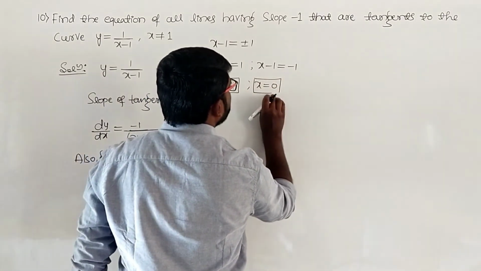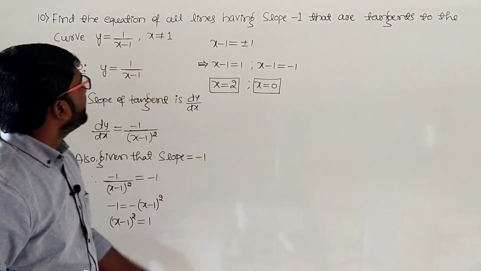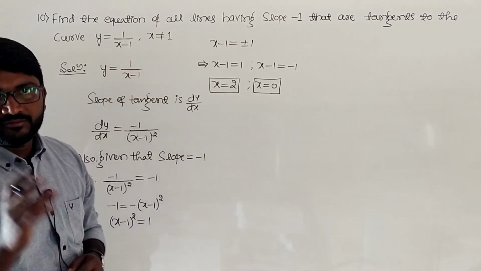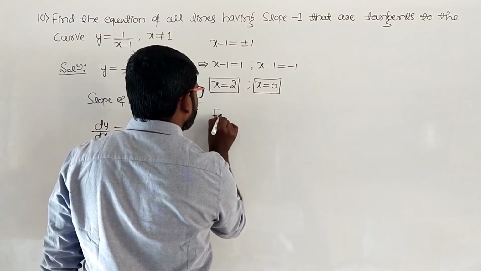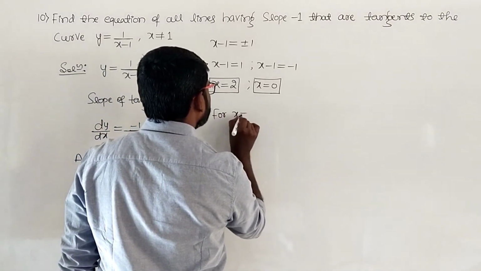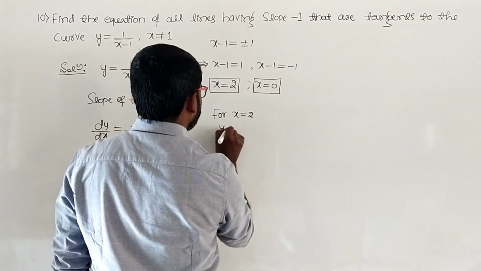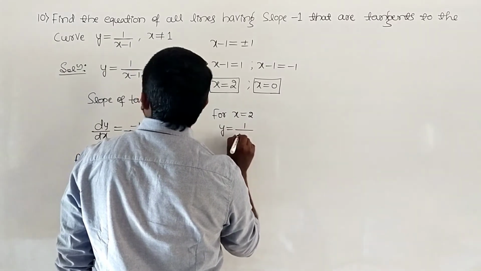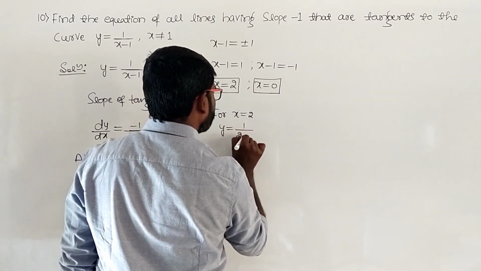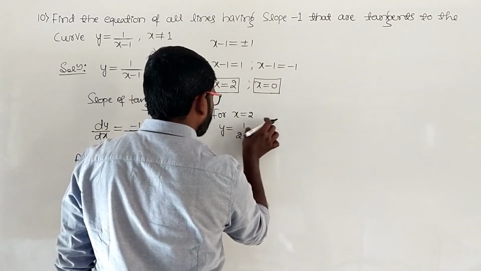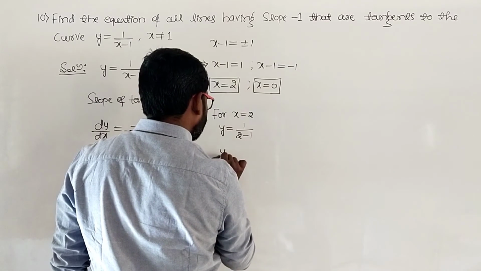We have these 2 points. Let us substitute these two in y which is equals to 1 by x minus 1. We get the two values of y. For x equal to 2, y is going to be 1 divided by 2 minus 1. So y which is equals to 1.